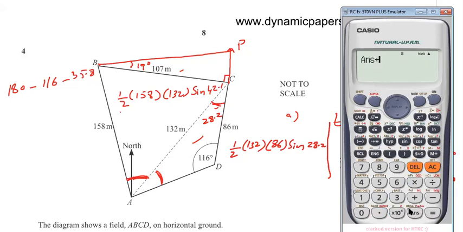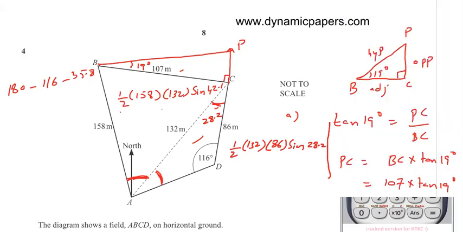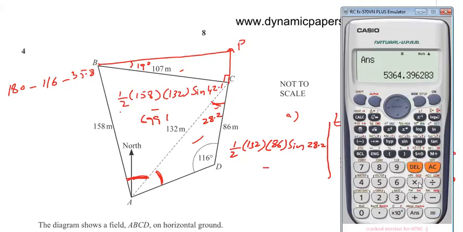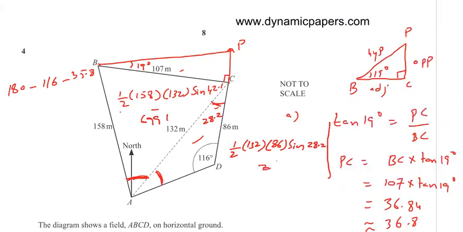Add both. Whatever this was, 6699 point something, and this came as 2682 point something. So add them. That will be your answer for this part.